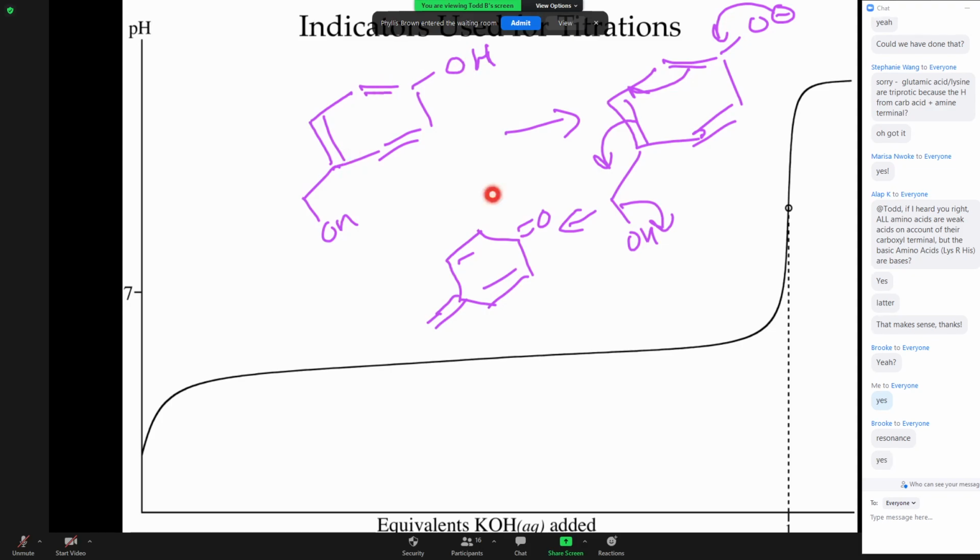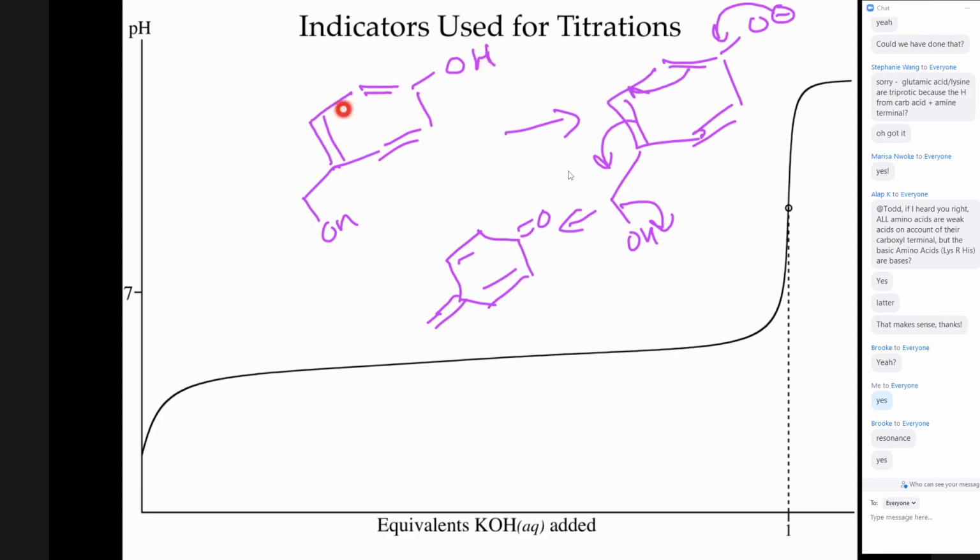This is just an obscure example, but if I change the pH, could it go from not quite enough conjugation to enough to be colored, to go from clear to pink? That's the last of the outcome I want to do until we do spectroscopy. But if you have enough conjugation, it can be visibly active, absorb light in the visible range. So it can go from clear to pink.